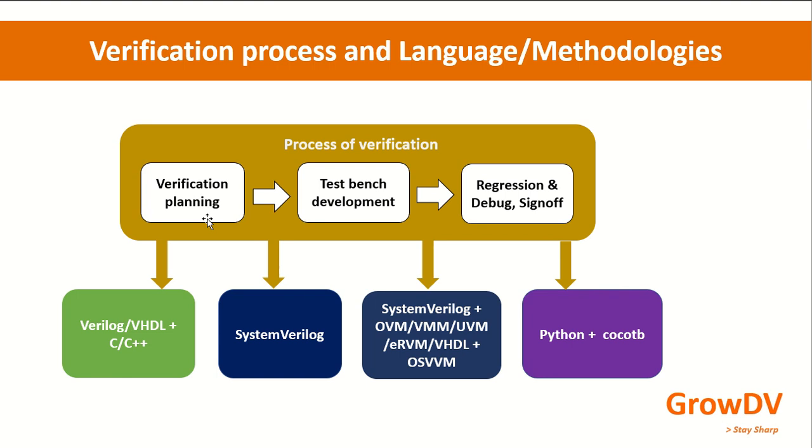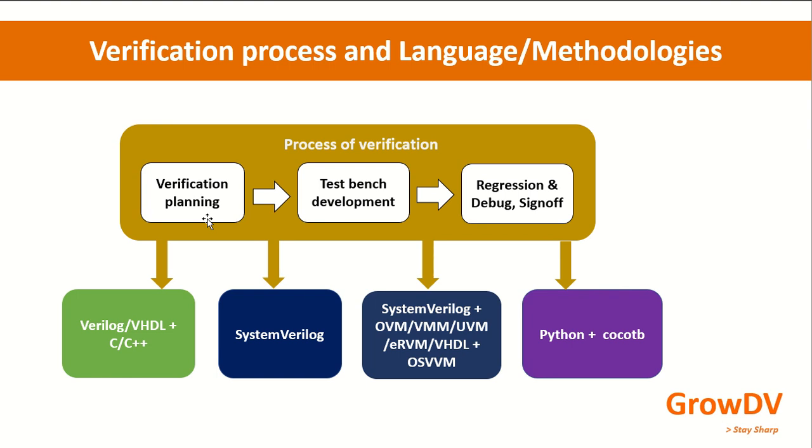Once you have created the stimulus and checks for all the features, you put them together to make sure that one doesn't affect another and all of them remain operational as a part of your regression and debug phase. Depending on the quality requirements of your project, different criteria are defined, and once they are met through your regression and debug phase, the verification concludes. So this is a very simple definition of your verification process.